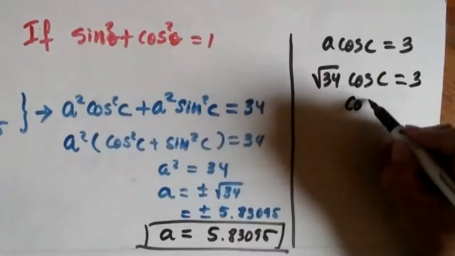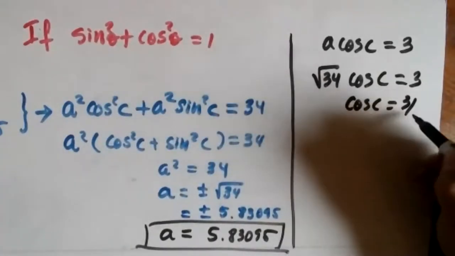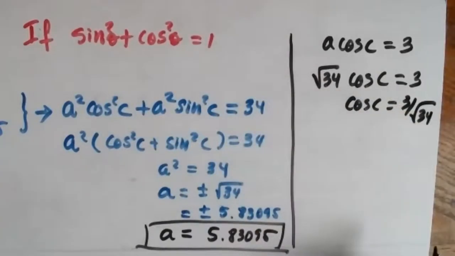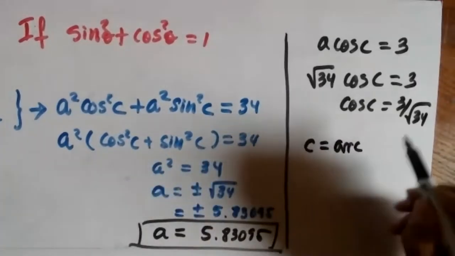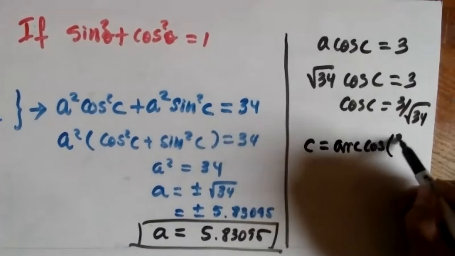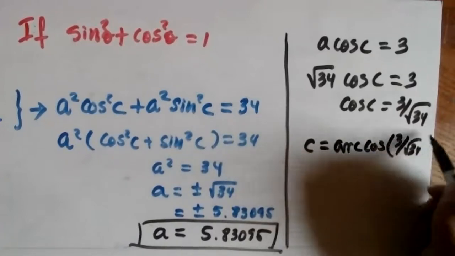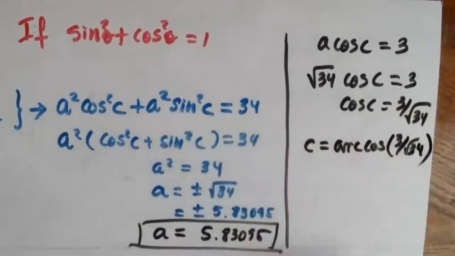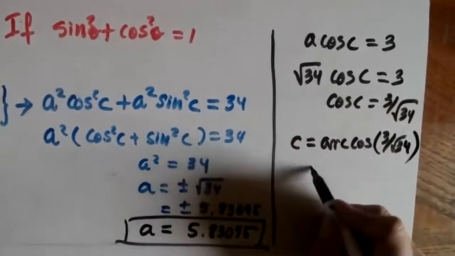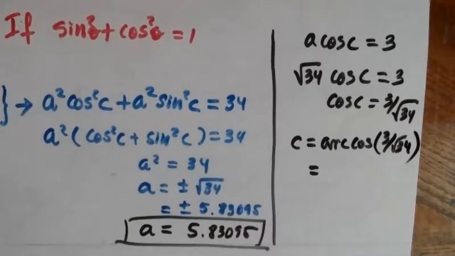Now, cosine of Z equals 3 over the square root of 34. And Z is going to be the inverse cosine of 3 over the square root of 34, right? Let me just put 34 like this. And, well, if we use the calculator, we are going to find simply this.